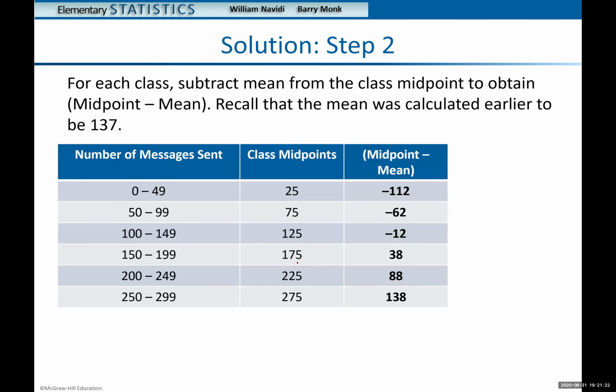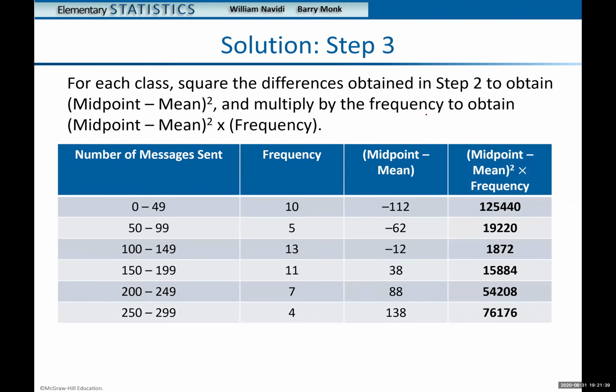Then midpoint minus the mean, x minus the mean. This is a lot. Then f times (x minus the mean) squared.